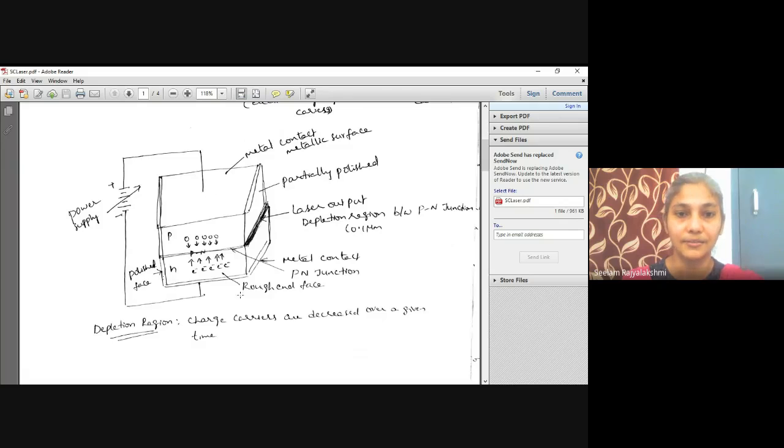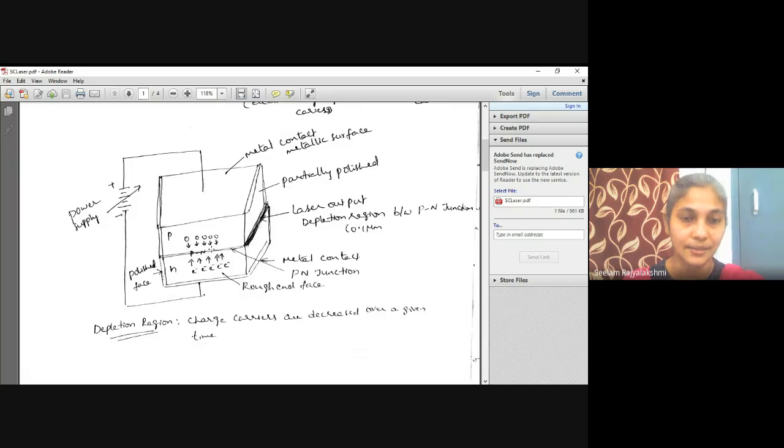And here we have the reference surface. What is the depletion region? Whenever the holes in the p-type semiconductor join with the electrons in the n-type semiconductor, an electric field is obtained.